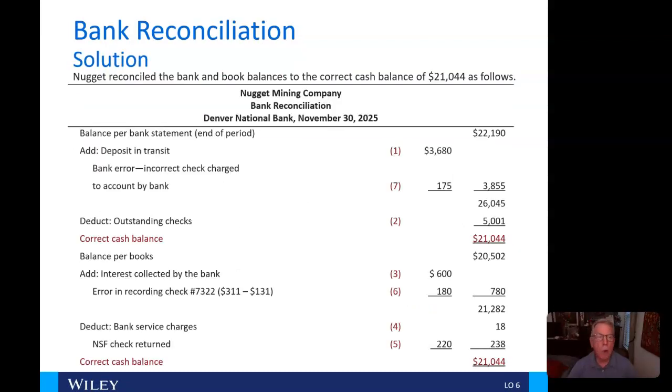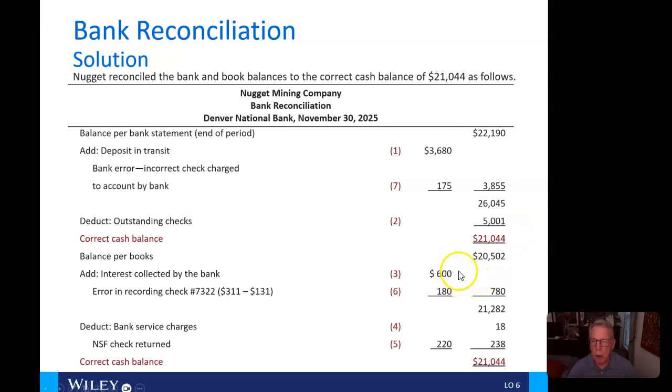So how would we record this? Here's the balance per the bank. We're going to add the deposit in transit. We're going to correct for the error. We're going to deduct the outstanding checks, and that will be the balance per the bank.